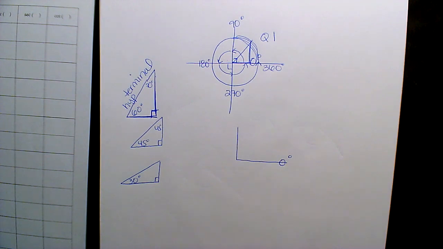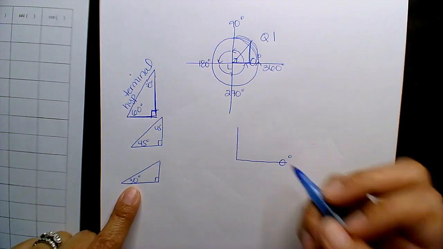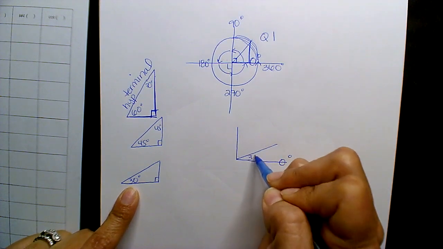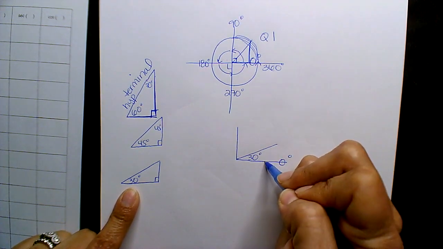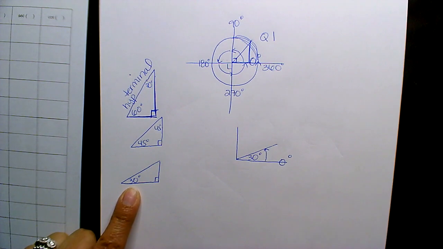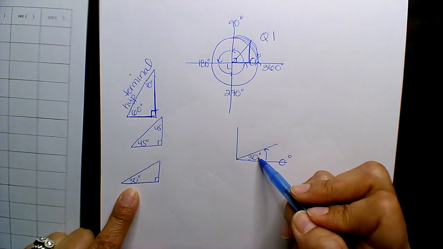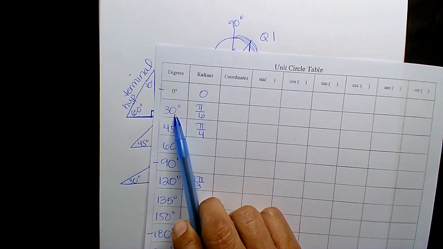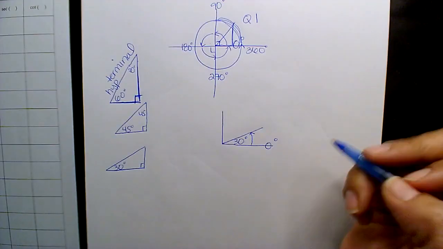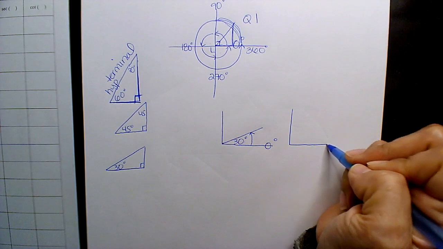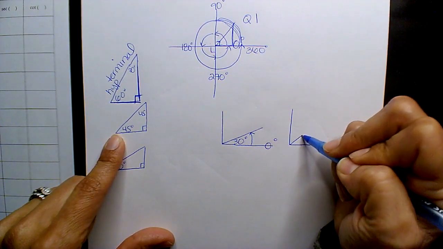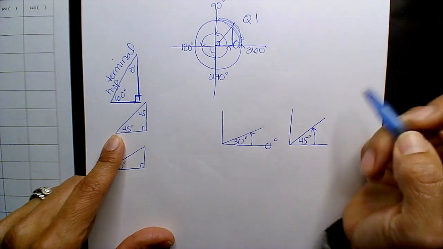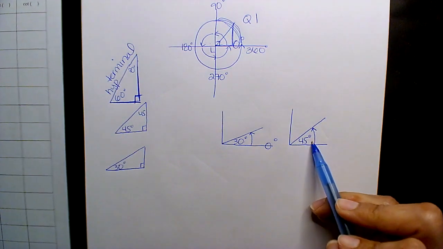Okay, so if I grab the 30 first, here's my 30 degrees, but I'm not going to draw the triangle. That's my 30 degrees. And so now how do I open? Because I'm in quadrant 1, it's 30 degrees. And that's where your first 30 comes from. Okay, so now if I go in still quadrant 1, and I grab the next, which is 45 degrees, there's your 45 degrees.